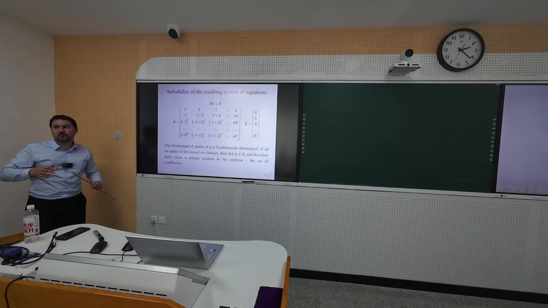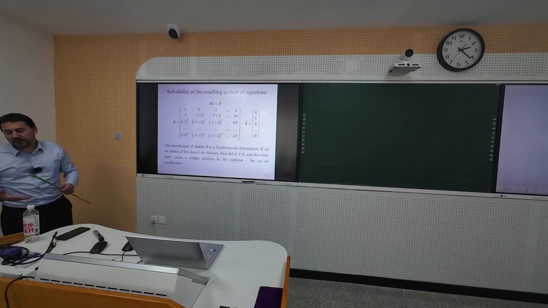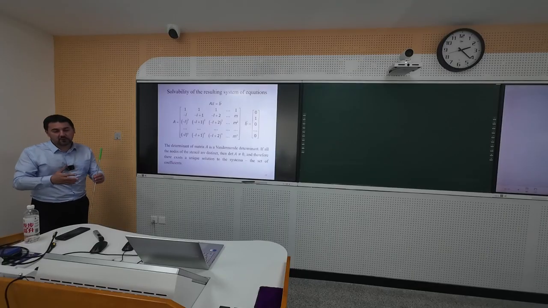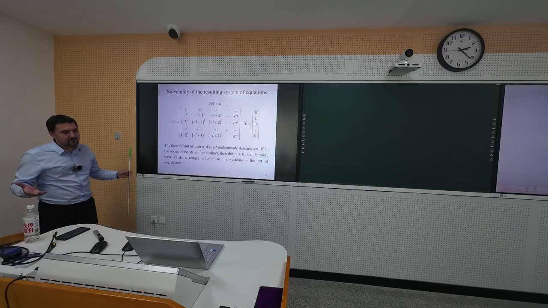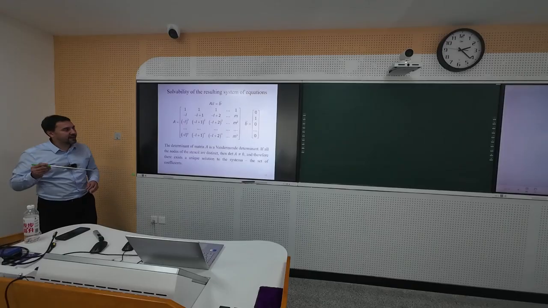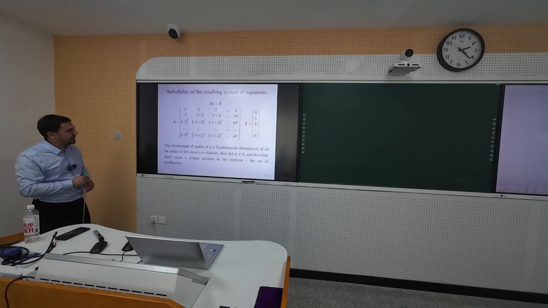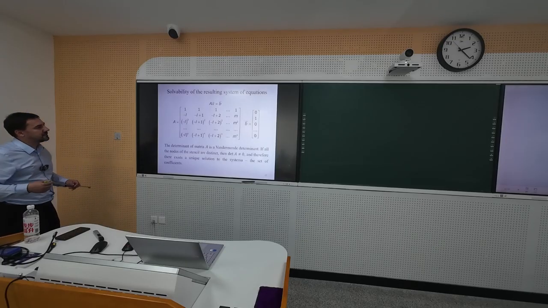That is why we should know how to solve systems of linear equations, because many problems in computational physics, mechanics, or even abstract problems in numerical mathematics finally require you to solve a linear system.